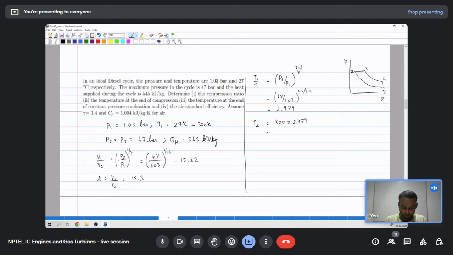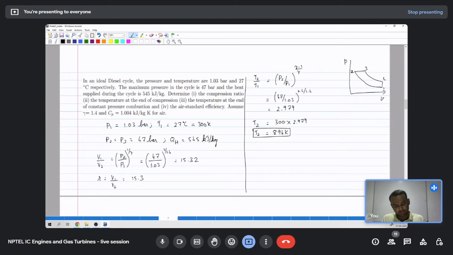So that is 894 Kelvin. Now we have calculated the temperature at state 2.